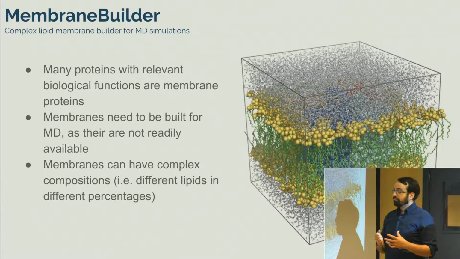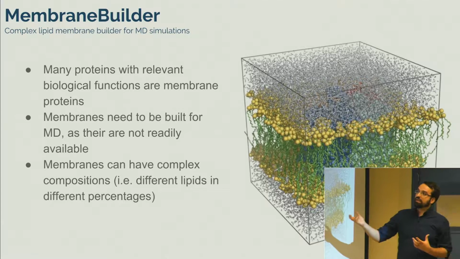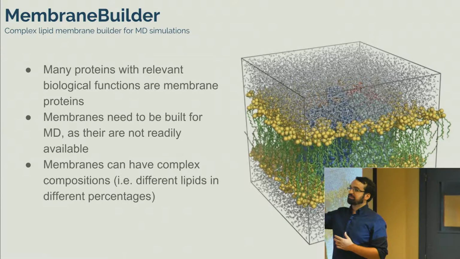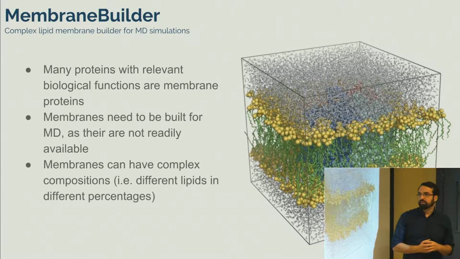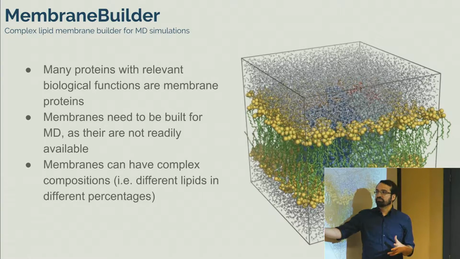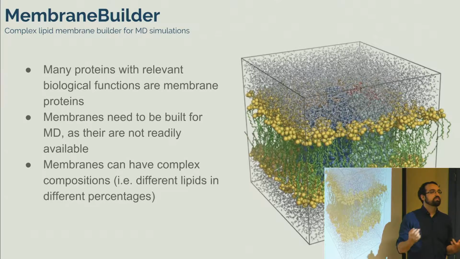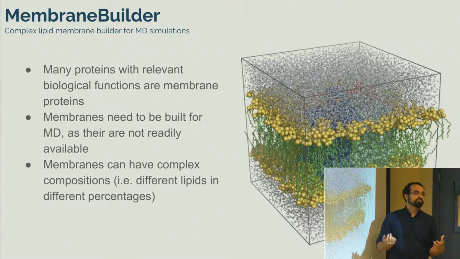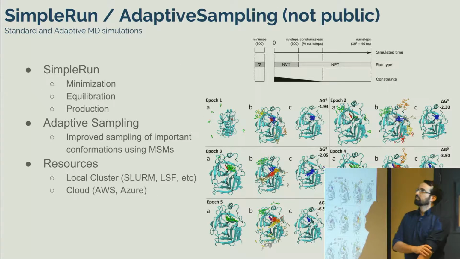For that, we need to build the actual membranes for the molecular dynamics, as they are not readily available like protein structures. An important detail is that membranes can also have complex compositions with different lipids, and different percentages of lipids in different layers of the membrane.